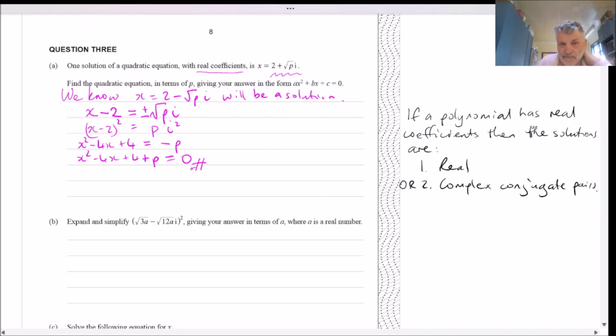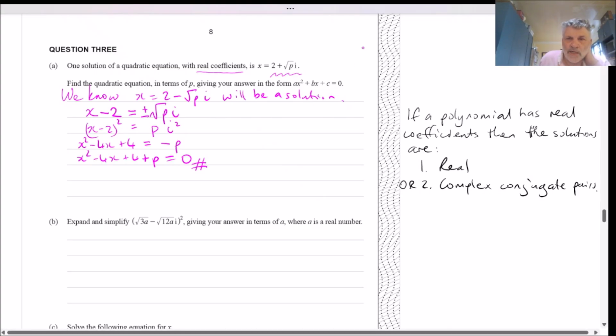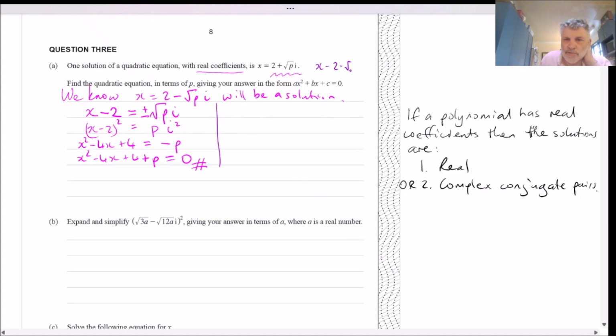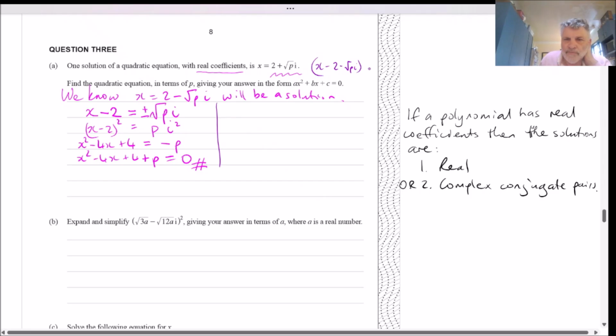And I suspect you get all of the credit for doing that. There's another way here. If this is a root, then x minus 2 minus root p i is a factor. So we could write out the 2 factors and multiply them out to get a quadratic.